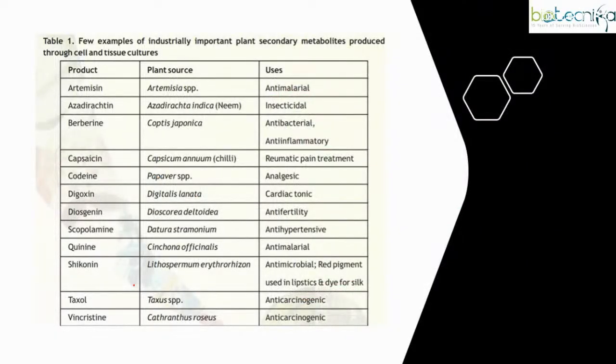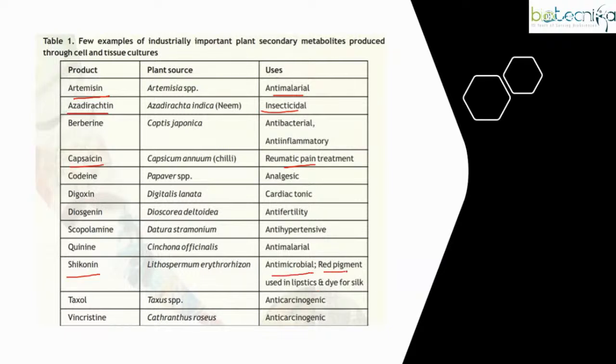So this is the same thing, but you will have some extra information also in this table. So you have artemisinin, anti-malarial, azadirachtin, insecticidal, capsaicin, rheumatic pain treatment. Then similarly, you have got shikonin. Again, it is antimicrobial.